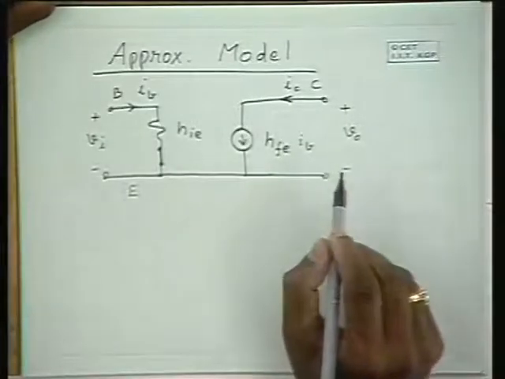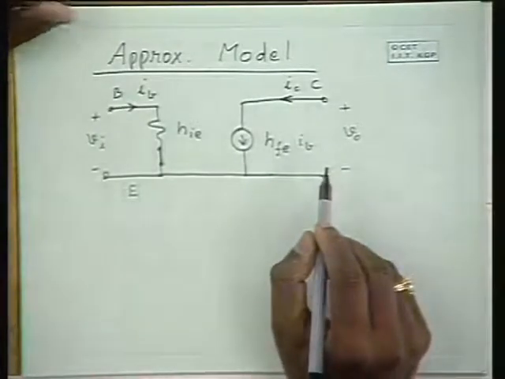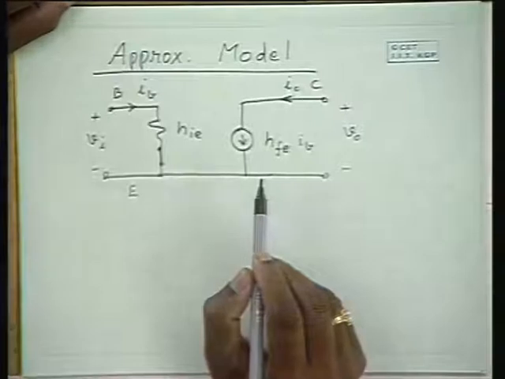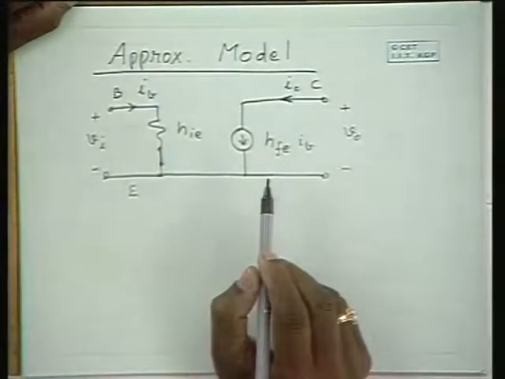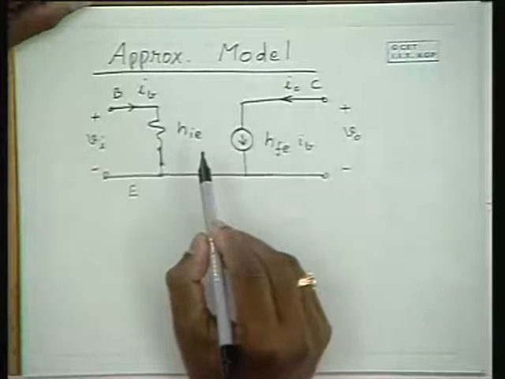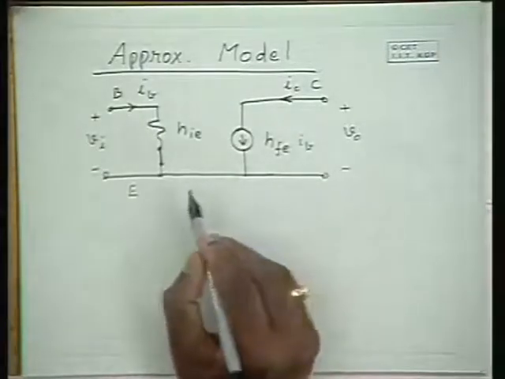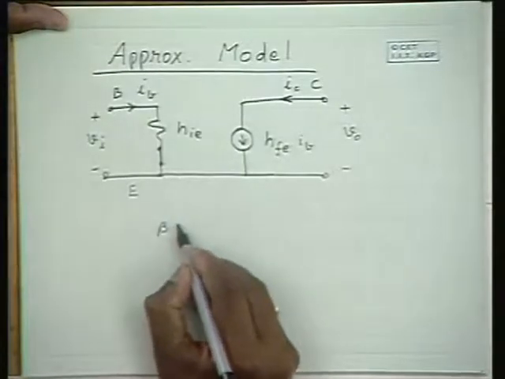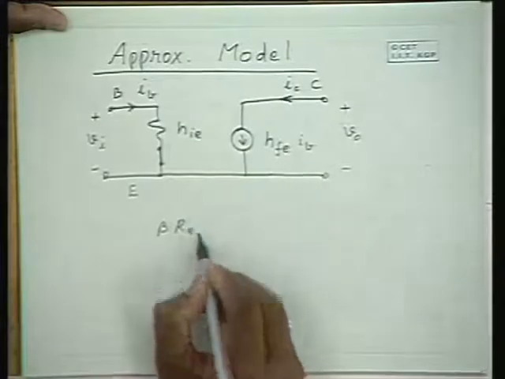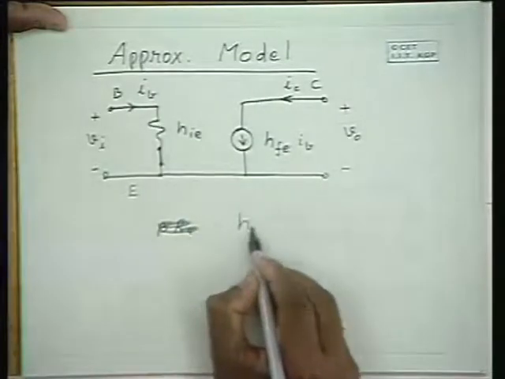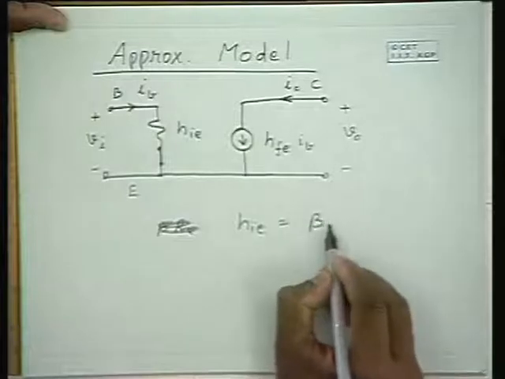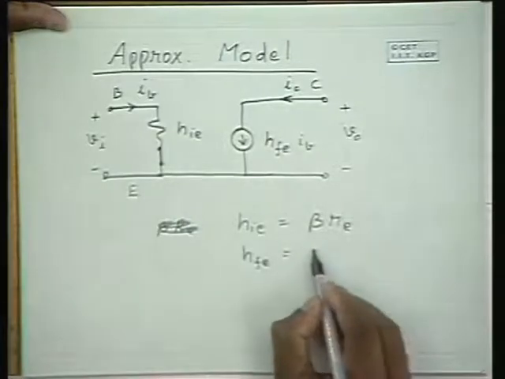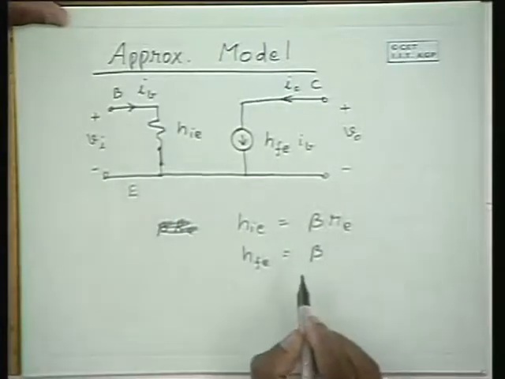Now if you compare it with the RE model, please note that this model is equal to the approximate RE model, where HIE is beta RE, and HFE is beta itself.